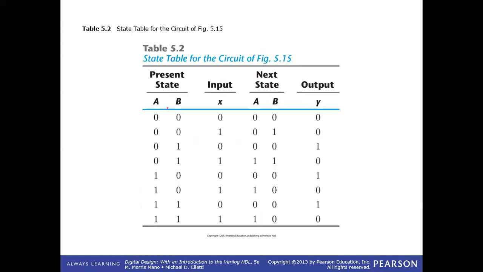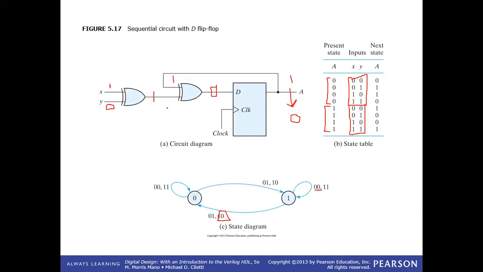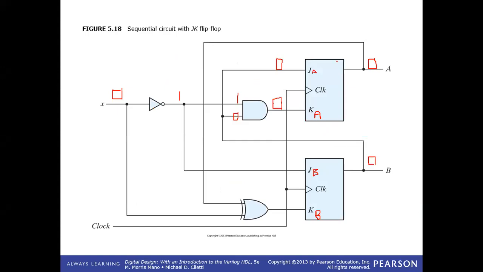Yes, sir. So the next state of A is going to be equal to 0 as well, right? Yes. What happens to JB? Then there will be 1, 0 there, right? 1 on J and 0 on KB. 0, and a 0.